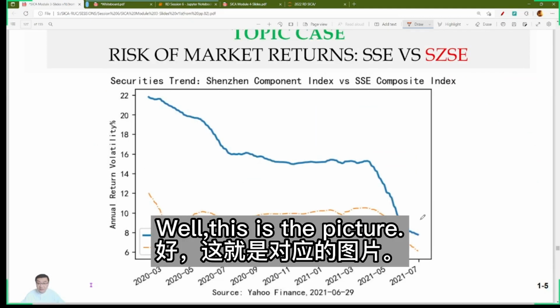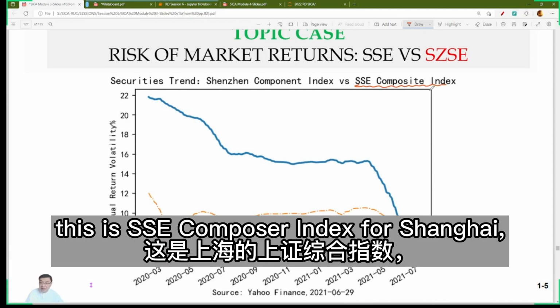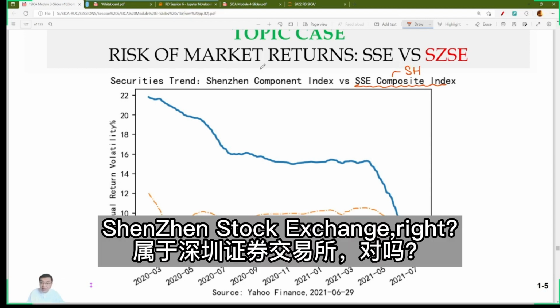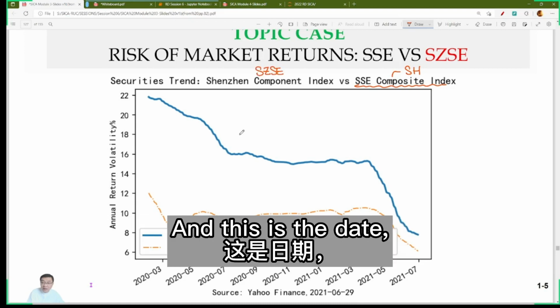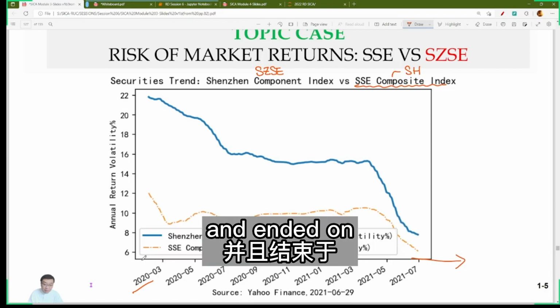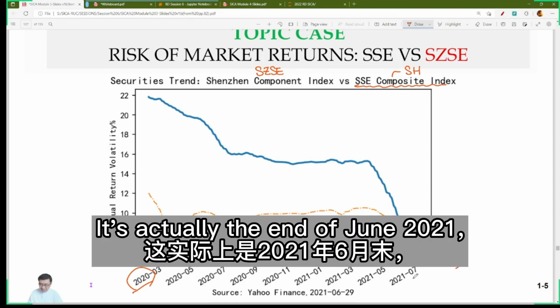Well, this is the picture. Now let's look at this picture. This is SSE Composite Index for Shanghai. And this is Shenzhen Component Index for Shenzhen Stock Exchange, right? And this is the date. Our period actually starts from the beginning of 2020 and ends at the end of June 2021.